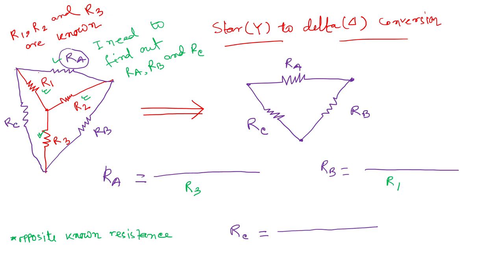And for RC, its opposite known resistance is R2, so I write R2. So the denominator is complete. In the numerator, what do we write?